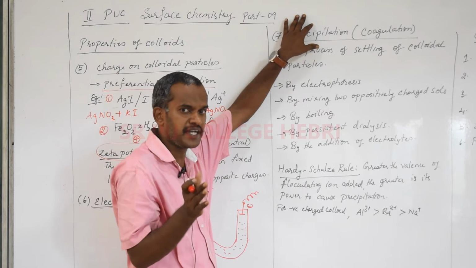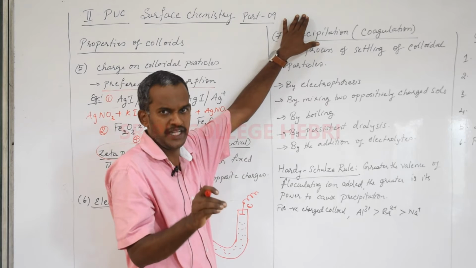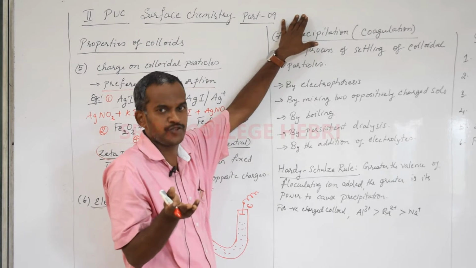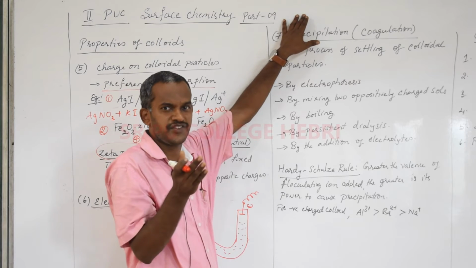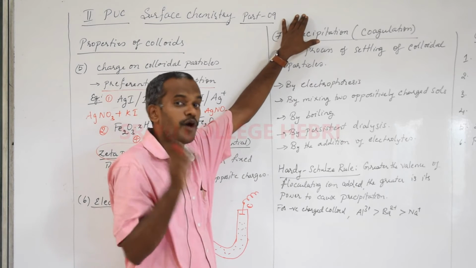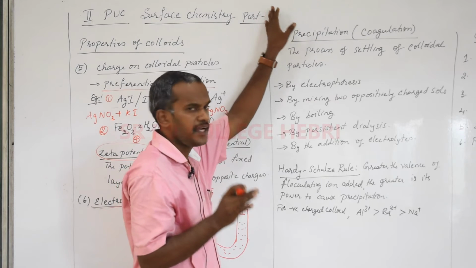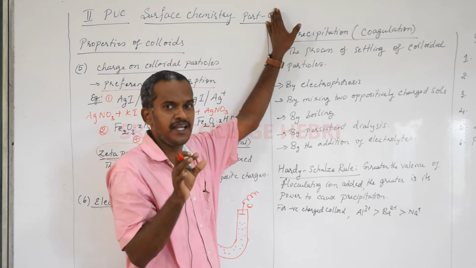It had some particles there with a particular charge, but when I added sodium chloride to that, what happened? That added electrolyte, sodium chloride or any other salt, produces two ions, positive and negative ions, and one of the ions will cause the precipitation. It will cause the neutralization of the charge. In a simple way, what is chemically happening there?